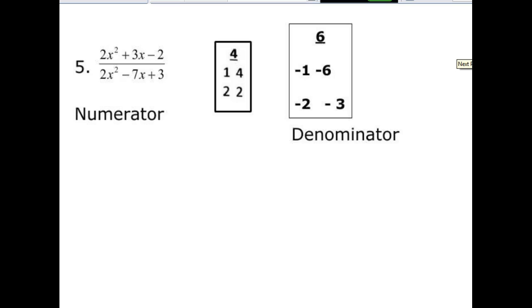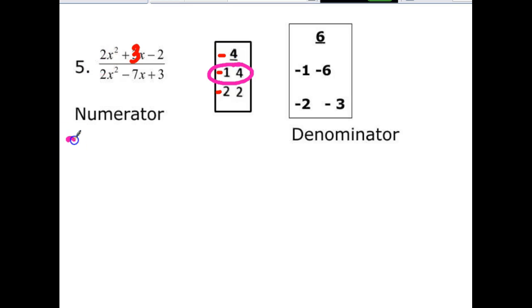When this number is not 1, you multiply the first number times the last number, and you get a negative 4. Which one of those pairs is going to add up to give me 3 in the middle? Now you can see I have my board divided in the numerator and denominator because I cannot use my shortcut factoring.